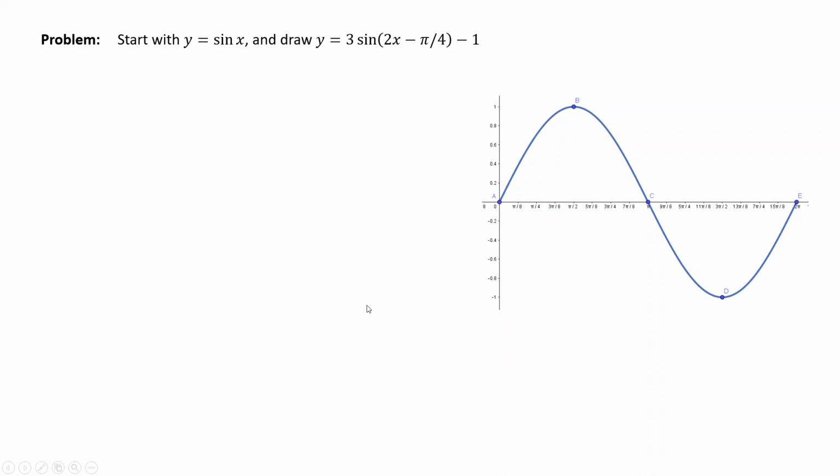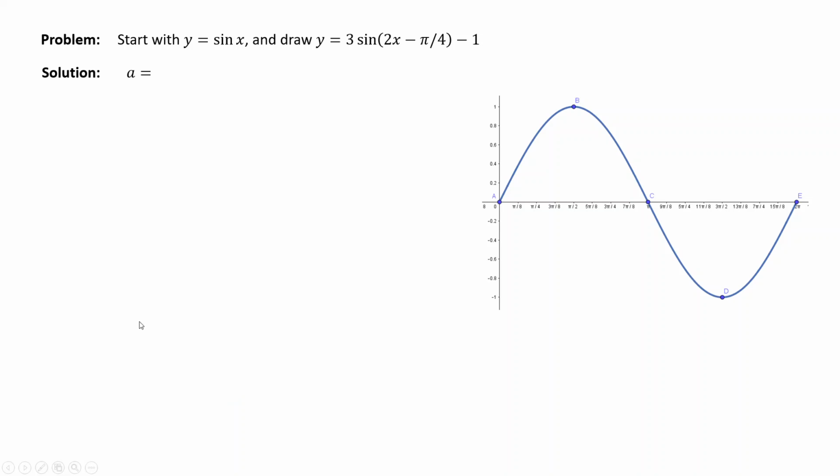Okay, let's get busy. And because there is more than one point, I'm a big believer in tables. So I'm going to create a table now. But before that, let's identify a, b, c, d. Compare this with a sine(bx plus c) plus d and tell me what a, b, c, d would be.